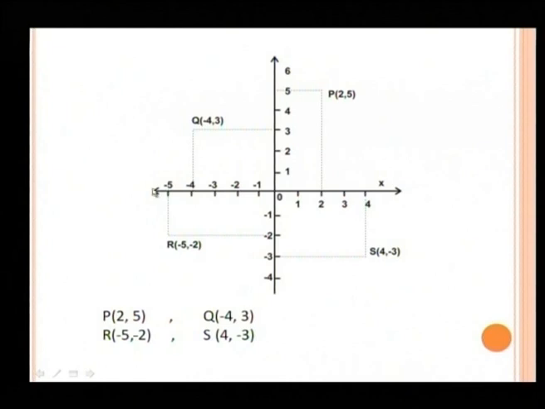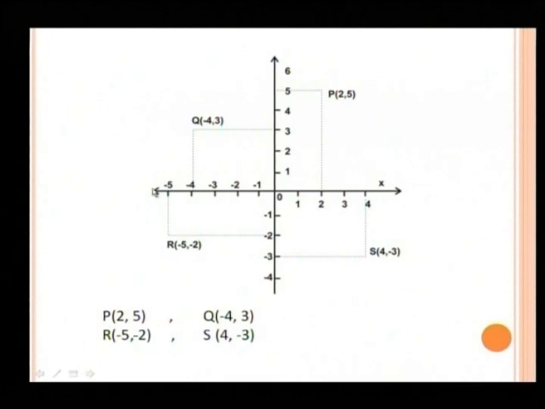So the resulting point becomes (2, 5). As I have told you that order matters over here, so the first number would always denote the abscissa or the x value and the second number would always denote the y-coordinate or the y value.